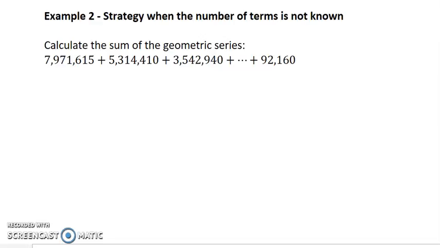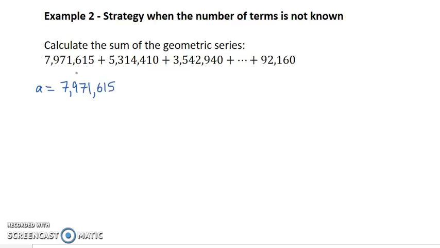The second example looks at selecting a strategy when the number of terms is not known. And this is similar to what we did in the arithmetic series, but it can be a little bit different because in this specific case, we don't actually need to know the number of terms, as we'll find out in a minute. So the first thing I know about this series is that the first term is 7,971,615.